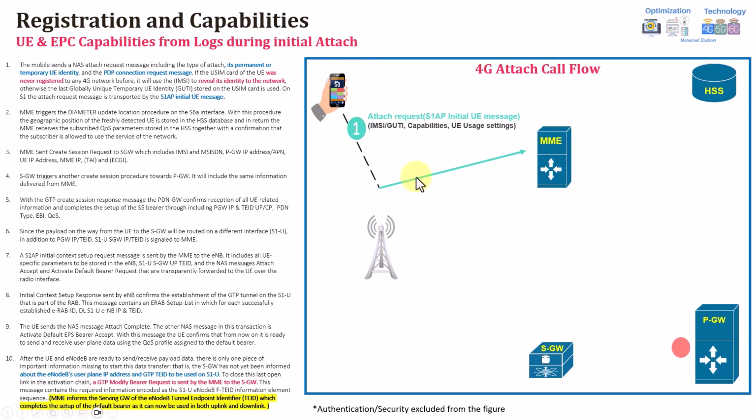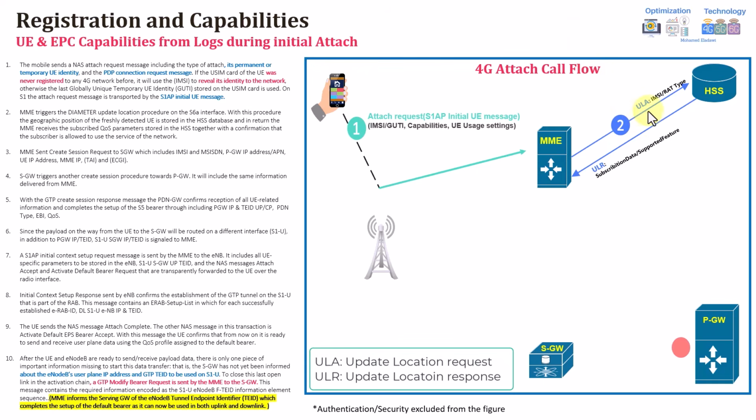Once the attach request is sent from the UE to the MME, after the MME receives it, it needs to collect some information from the HSS about the user identity, for example, his location and so on. So what will happen? The MME sends something called ULR, which stands for update location request.